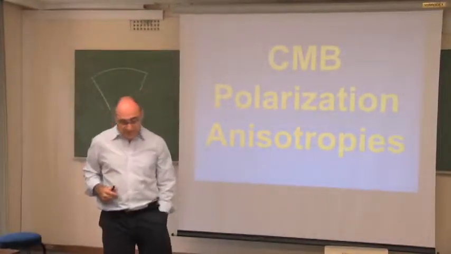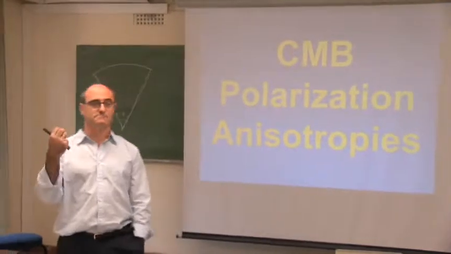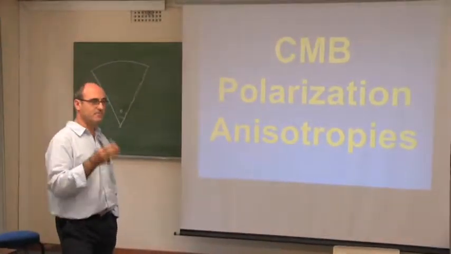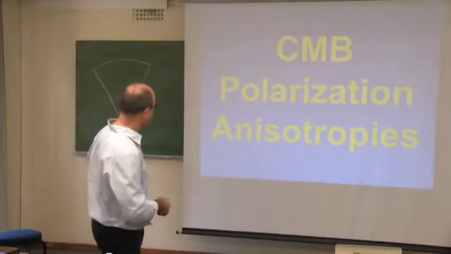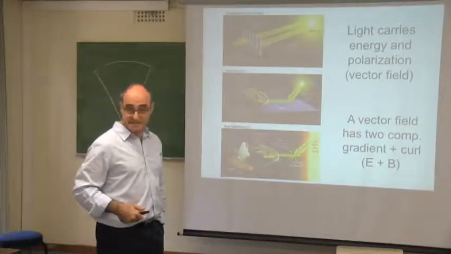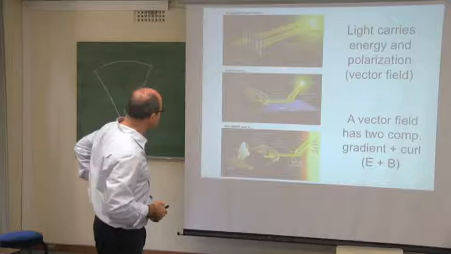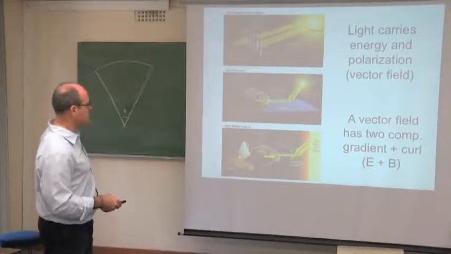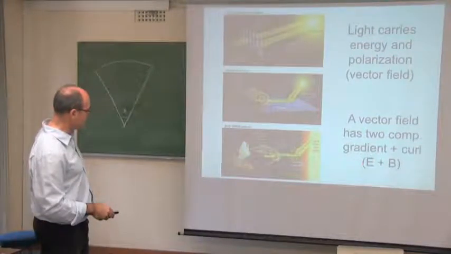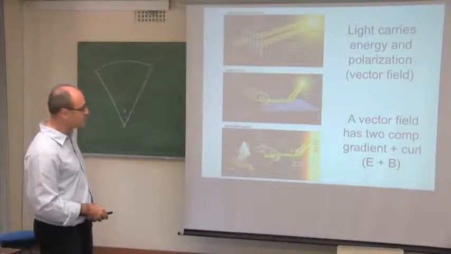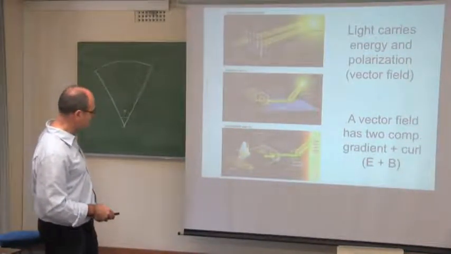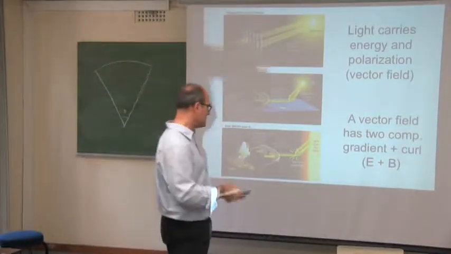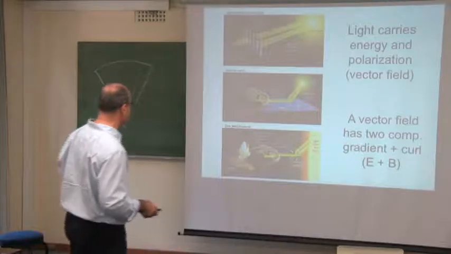Right, so not only do we have energy, temperature for those photons, we also have the polarization of those photons. And the polarization actually has its own anisotropies. We can break this polarization field into the gradient and curl components. The gradient we call E, as a generalization of the electromagnetic field, not because this has anything to do with electric or magnetic fields, it's just the gradient component of the polarization.